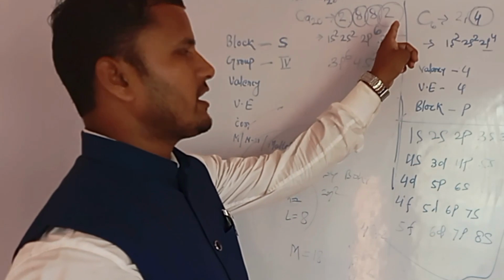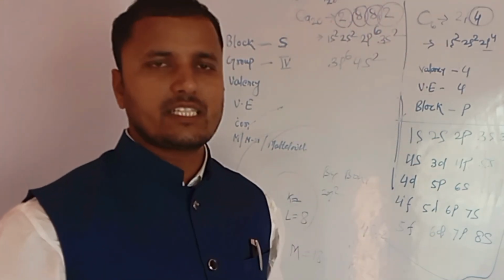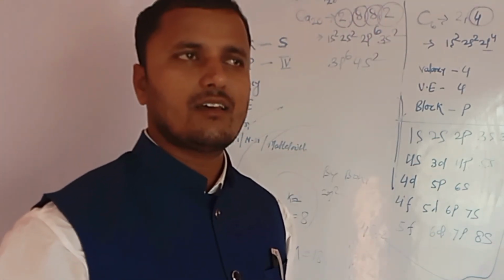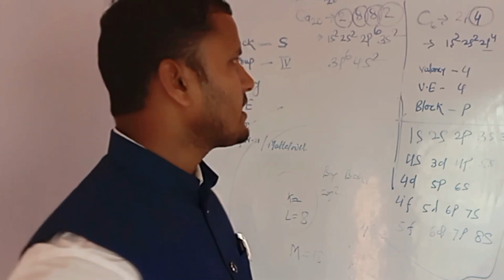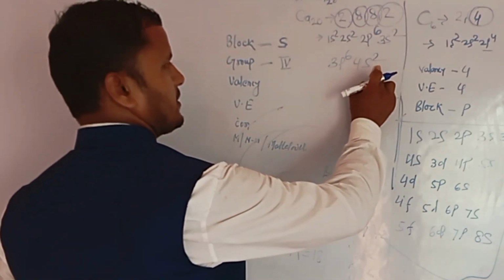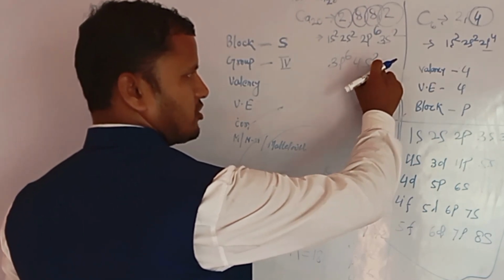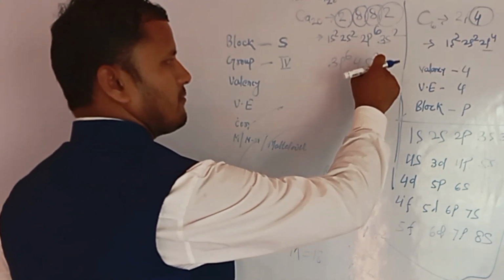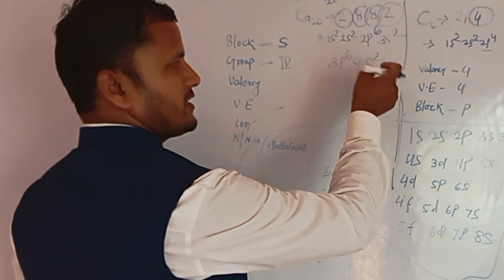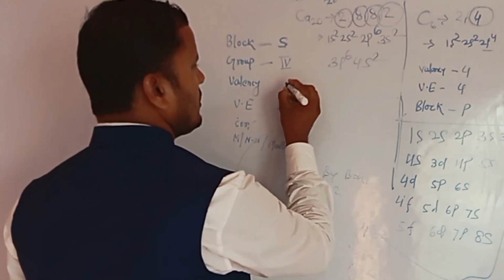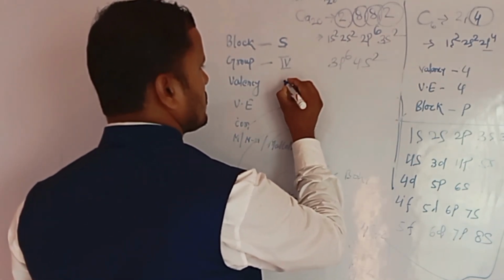Have you any problem? There are only 2 electrons present in the outermost orbit, so valency is also 2.